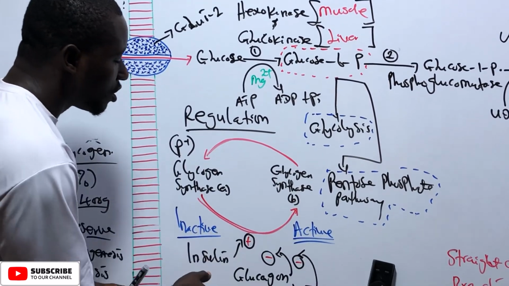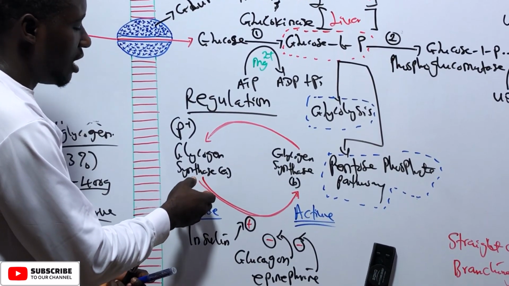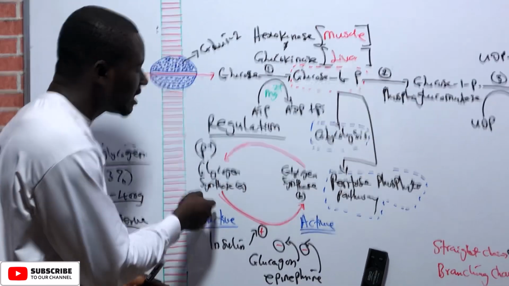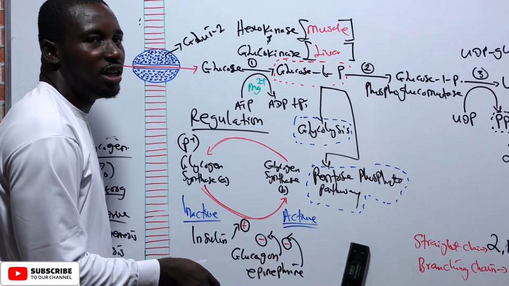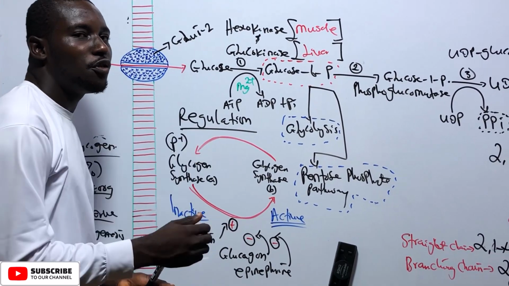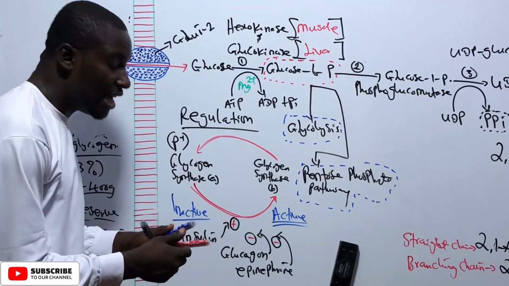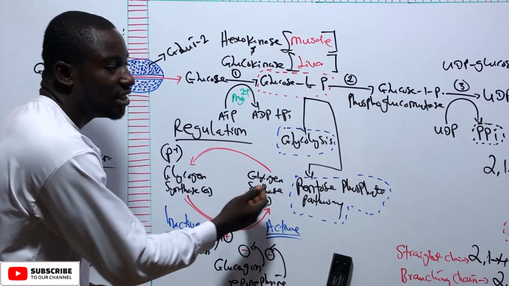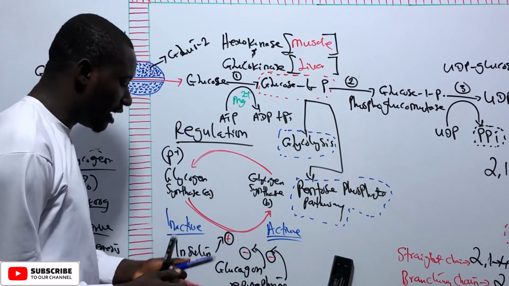So it does not allow it to be in a phosphorylated state. The enzyme that converts glycogen synthase B to glycogen synthase A is called phosphoprotein phosphatase. It is the enzyme that does it. It converts glycogen synthase A to glycogen synthase B. That enzyme is called phosphoprotein phosphatase.